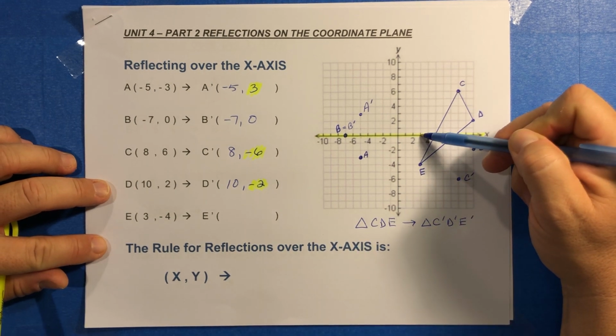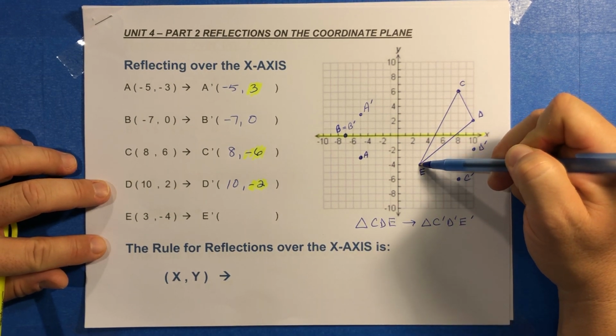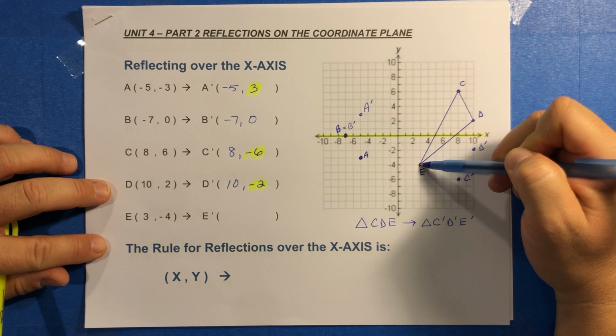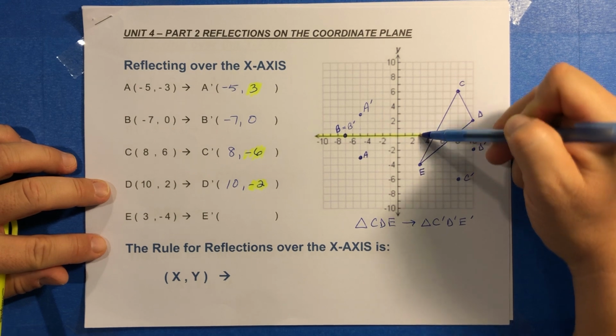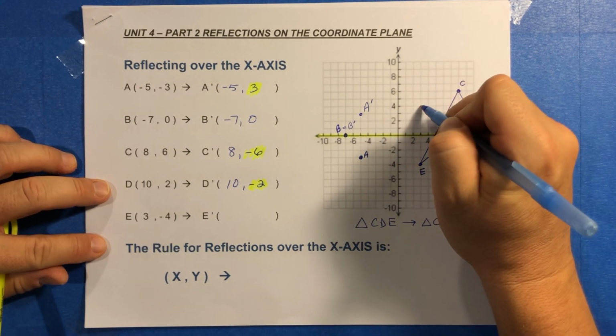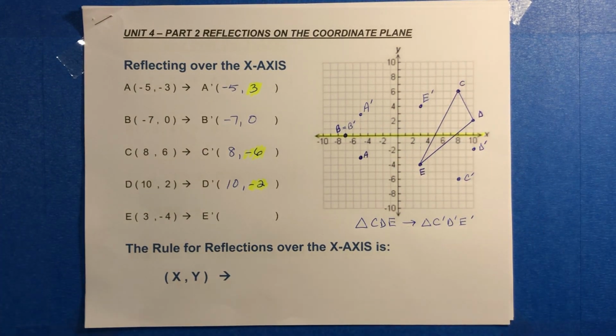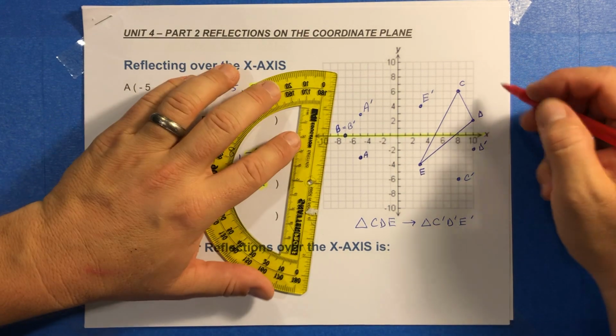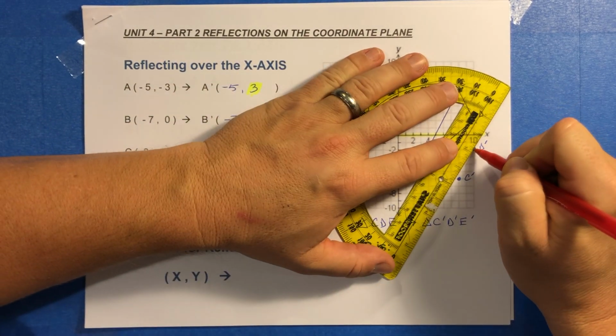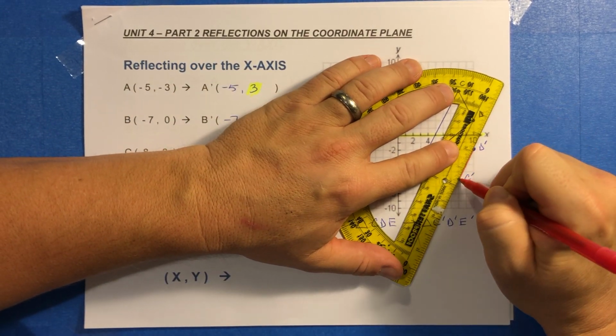Now be careful here. E is 4 units below the x-axis. So where will E prime end up? Well, think about it. If it's 4 below, then E prime is going to end up 4 above. Now we have reflected all of the points on the triangle. What I'm going to now do is just simply connect C prime, D prime, and E prime.